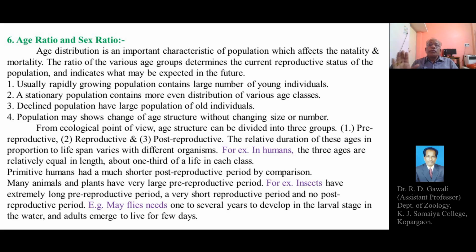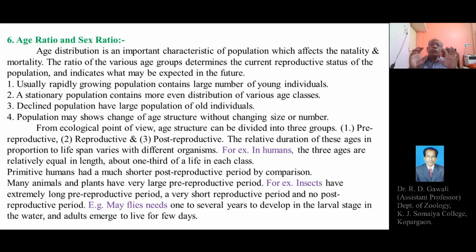So a population may show a change of age structure without changing its size or number, meaning the population size remains constant, but the population is showing different age groups with a varied number of individuals among the three groups, that is pre-reproductive, reproductive and post-reproductive, that is young, adult and old age groups.